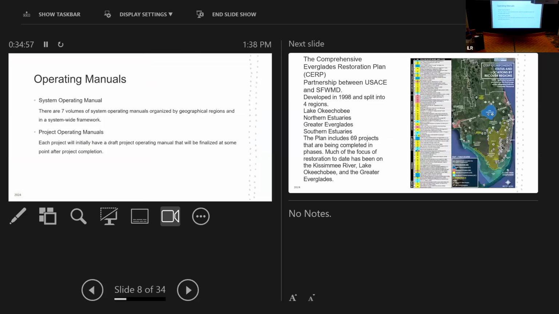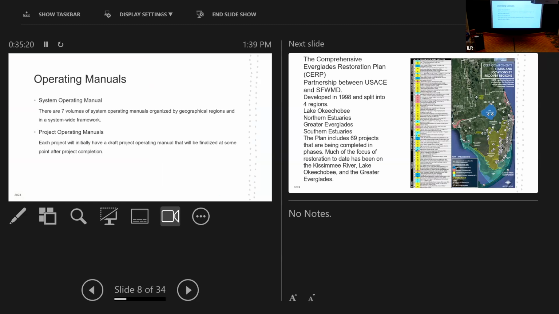And if I can tell you one thing about Everglades restoration, it's a lot about operating the system. I sat in on so many operations of the system and how we could alter it to work better. And so now they have 7 volumes. They've split the system up into 7 regions.